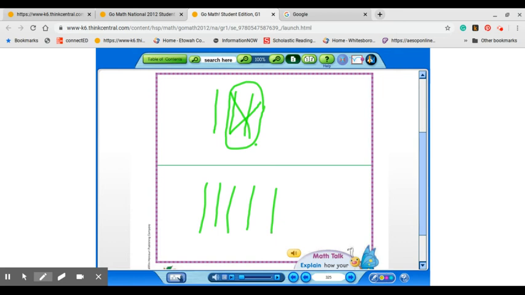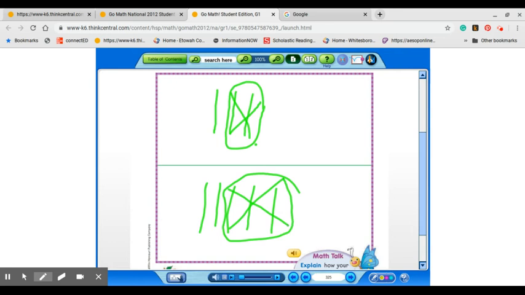I hope you said that we are going to circle and X out 30 of those shells. So we count 10, 20, 30, and we will circle 30 of those shells, and we will X those out, showing that he gave those to his friend.